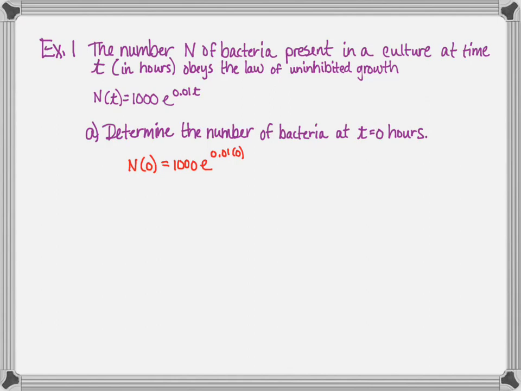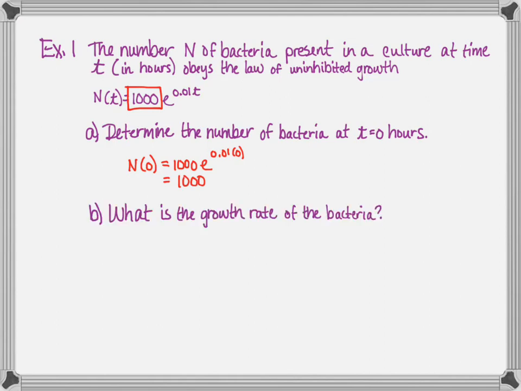So N(0) = 1000e^(0.01·0), because we're substituting 0 in for t. We get N(0) = 1000. And we could have identified this as the constant that we had in our initial formula, 1000.